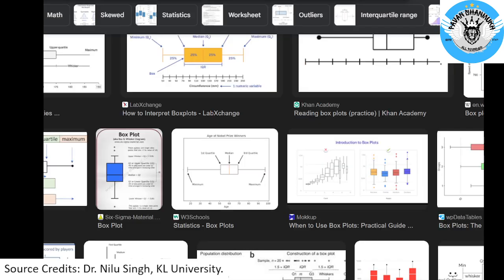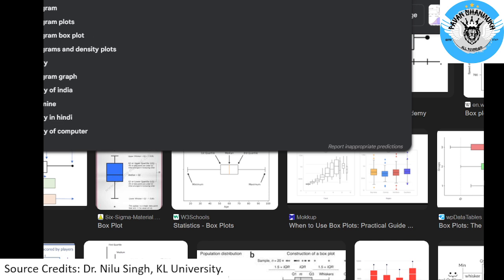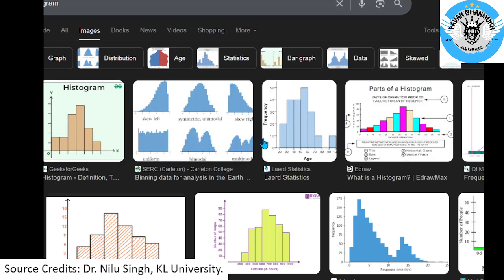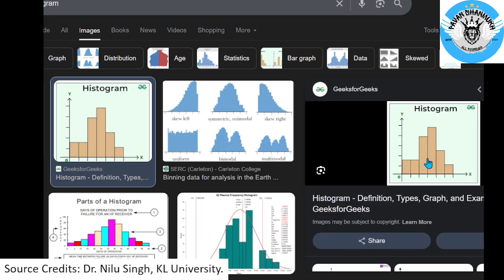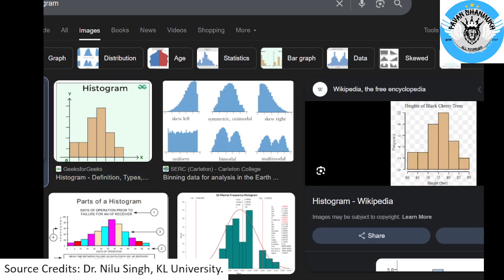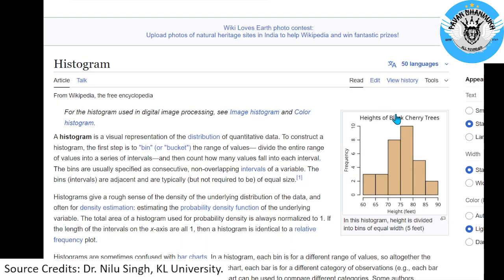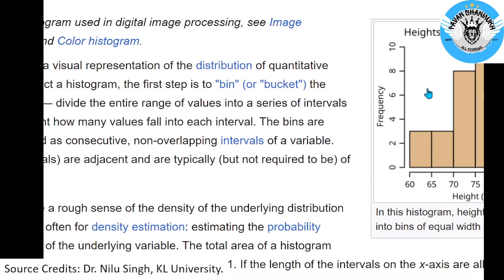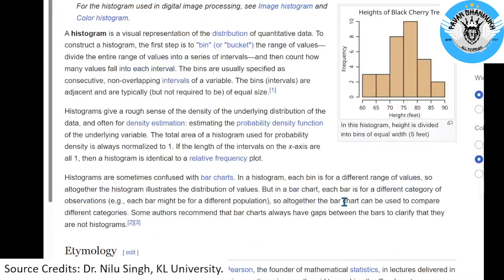The next one is the histogram. Histograms have been known since our childhood. Those are continuous values side by side without any gaps. So this was obviously known to us, isn't it? Let me show. So this is a histogram. Histograms are obviously known to us, so we need not think about them.